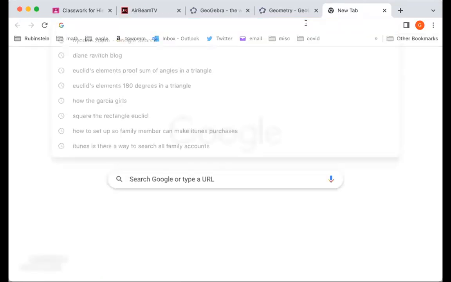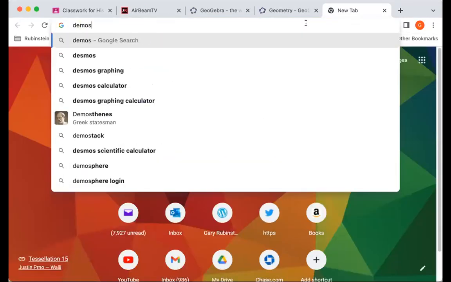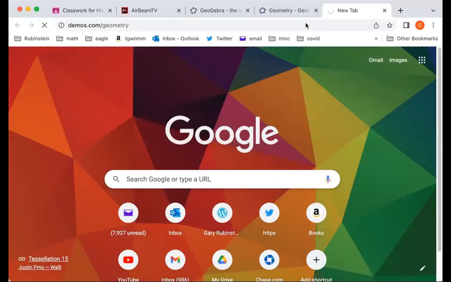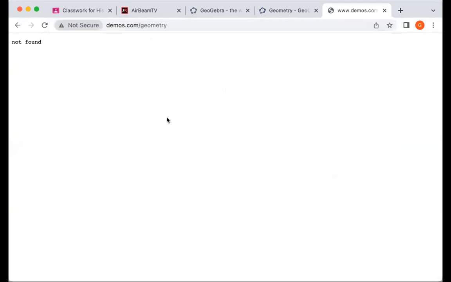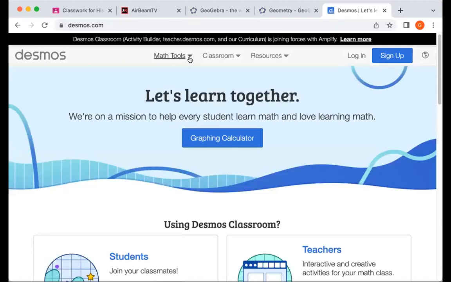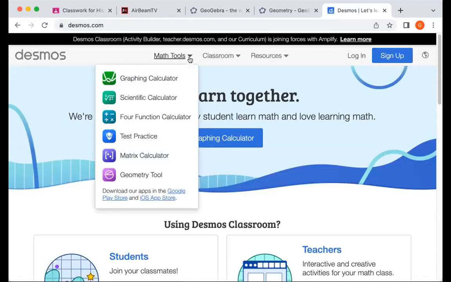If I come over here, desmos.com/geometry. Desmos, math tools, geometry tool.